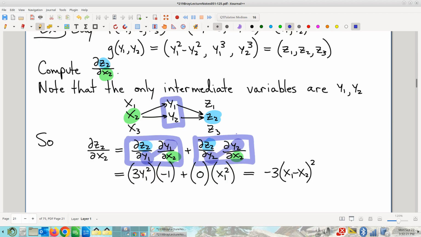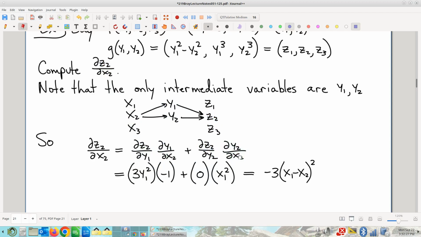Here, by the way, is a common mistake that I see periodically. Students who don't draw a diagram and let the diagram be their guide, and do what the diagram instructs you to do, I'll see extra terms. I'll see another term here, like a Z1 term. Well, it doesn't make any sense.